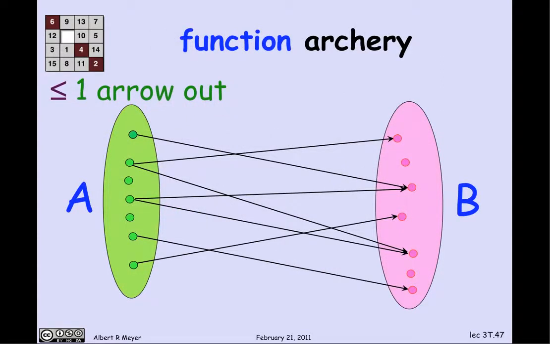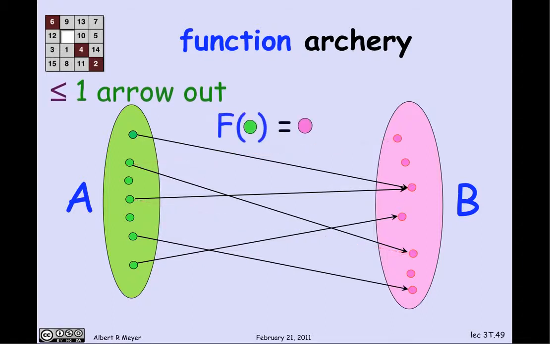A way to say that a relation is a function is to look at all of the points on the left in the domain and make sure that none of them have more than one arrow coming out. Well, in this picture, there are a couple of violations of that. There are a couple of points on the left in A that have more than one arrow coming out. There are two bad edges. But if I erase those, now I'm left with a function.